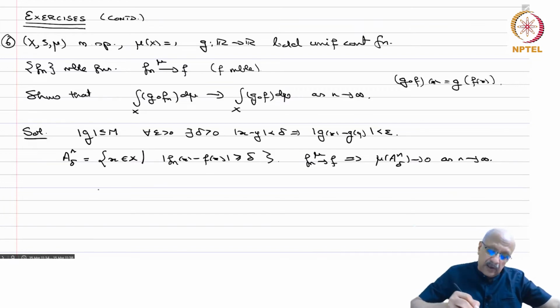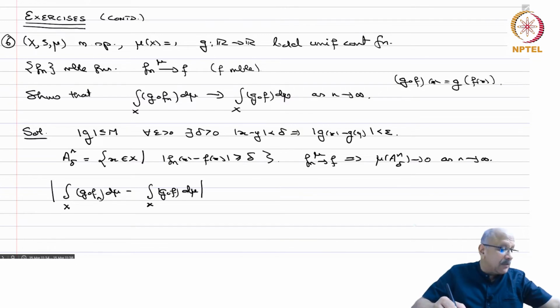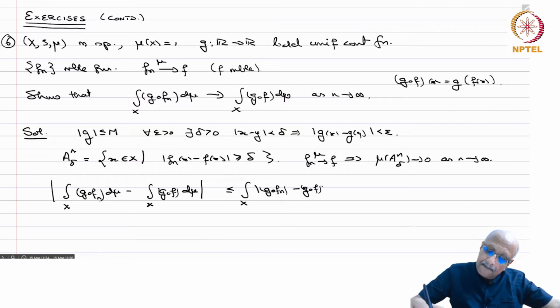Now we are looking at the integral over X of g composed with f_n d mu minus the integral over X of g composed with f d mu, and that is less than or equal to the integral over X of mod g composed with f_n minus g composed with f d mu.